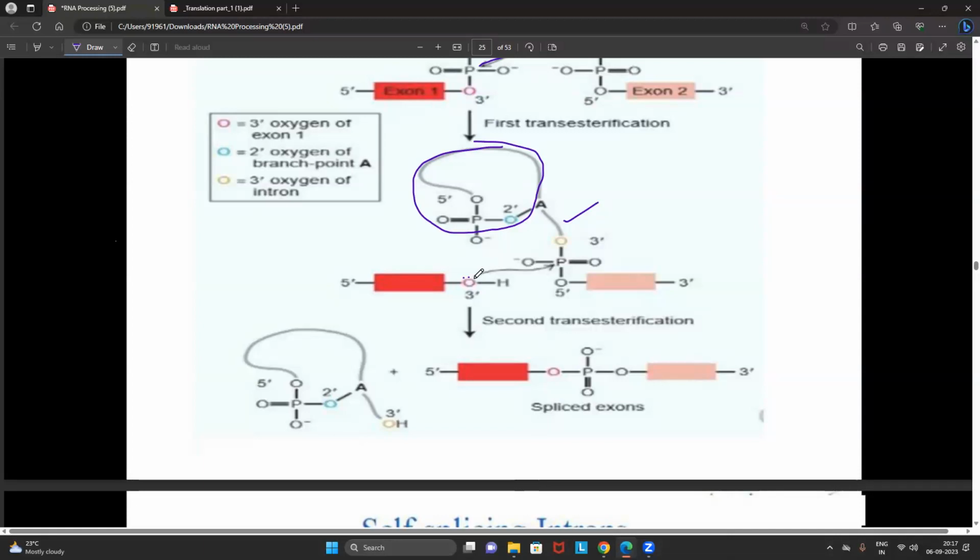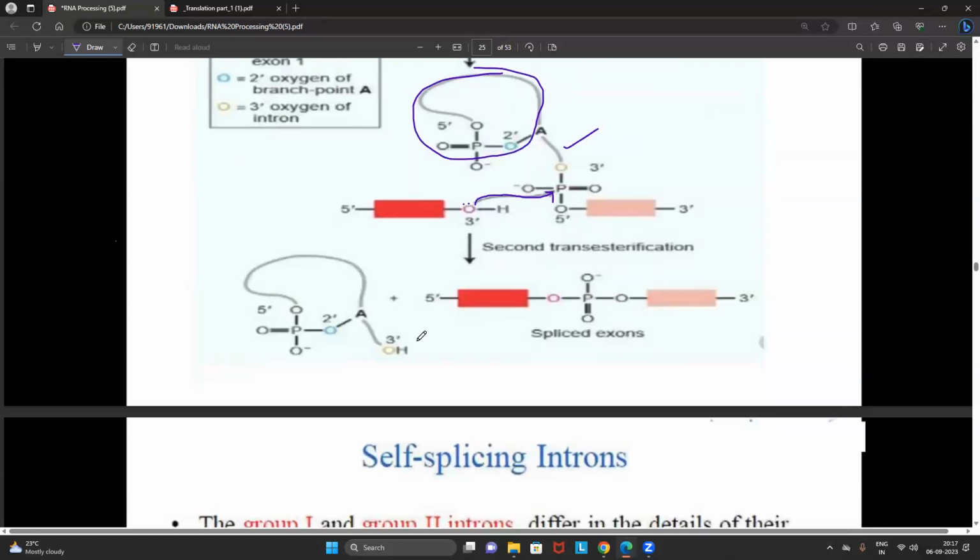It will go and cut the splice site present in the 3' direction. Don't get confused with that point. As a result, the entire intron is removed and the 2 exons are joined. Every one of you quickly answer my question: which enzyme will come and join the 2 exons?